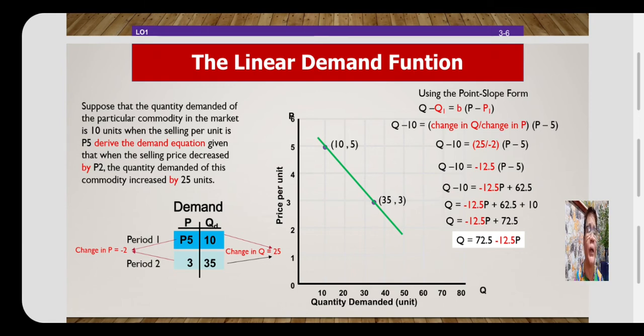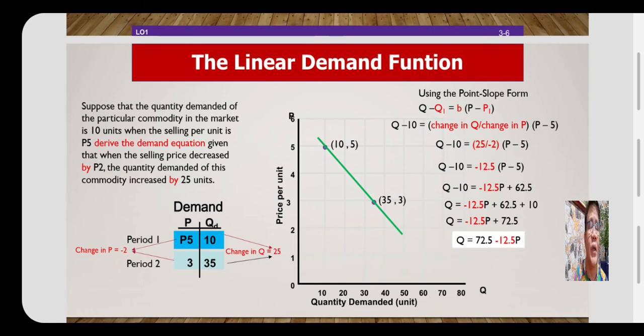But we want to arrange the terms so that the variables Q and P can be observed on the opposite sides of the given equation. So we now have Q is equal to 72.5 minus 12.5P.